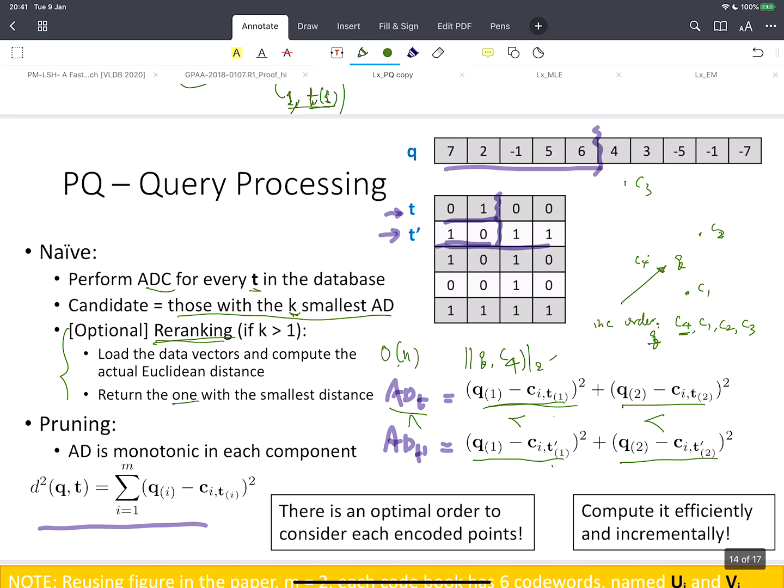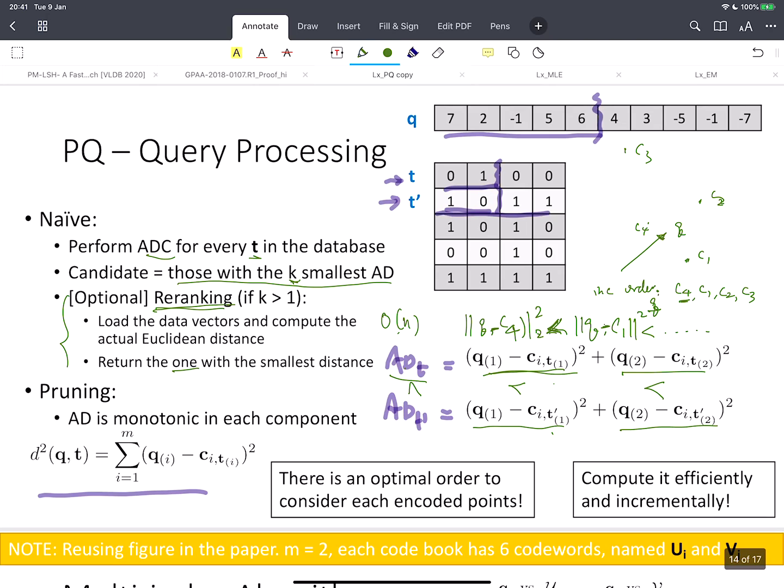This one is smaller than q minus c2 in our example, and this is q minus c1, smaller than all the other code words. If it's smaller and you raise it to the power of 2, the inequality still holds.